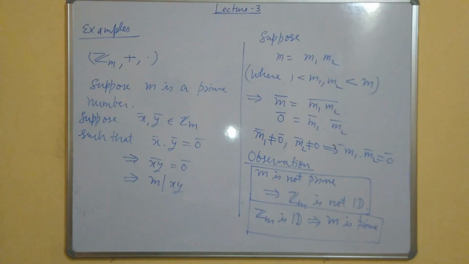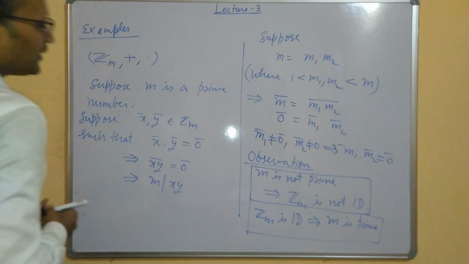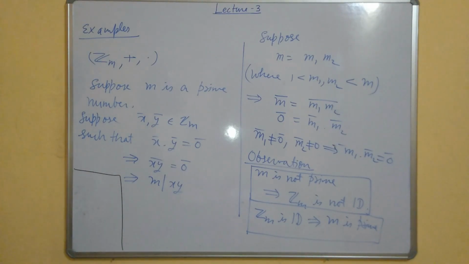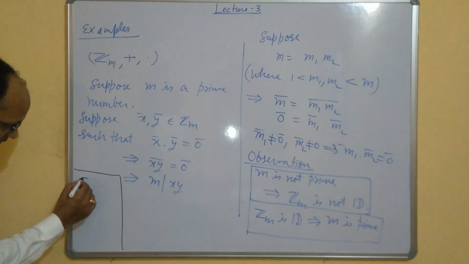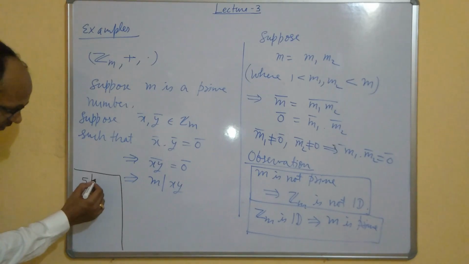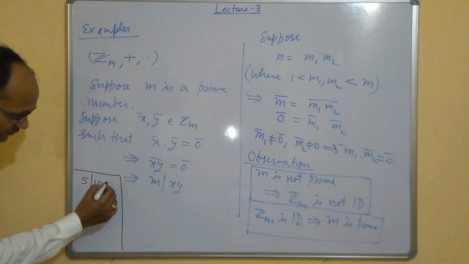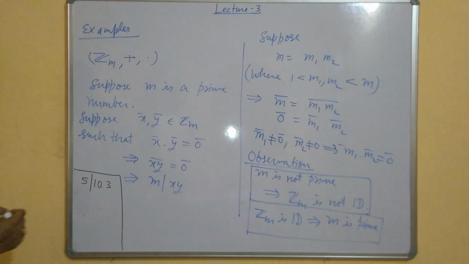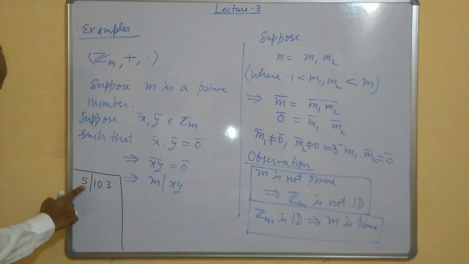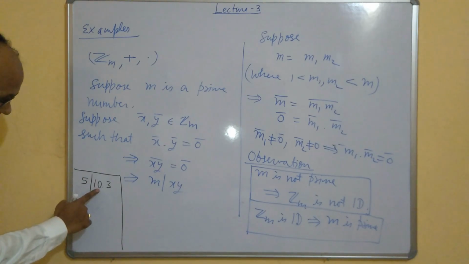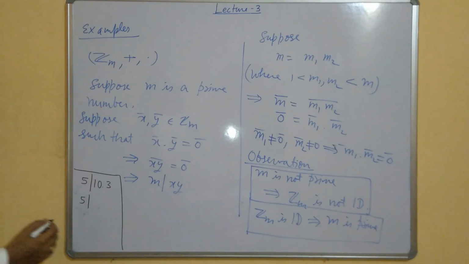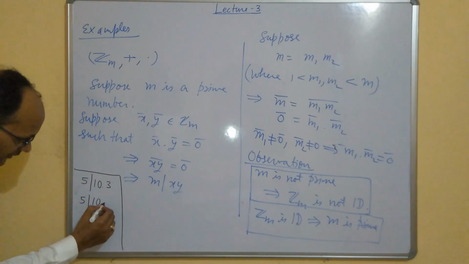But you can see, if some number is a prime number, for example, suppose I take 5 and it divides the product of two numbers. Suppose it divides 10 into 3. Then this prime number divides this number. Okay, suppose 5 divides 10 into 15.